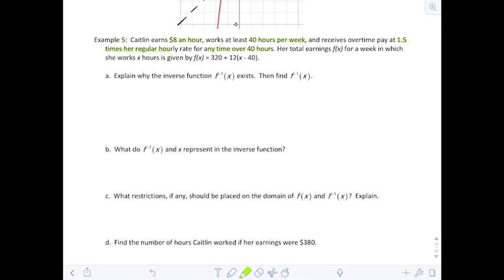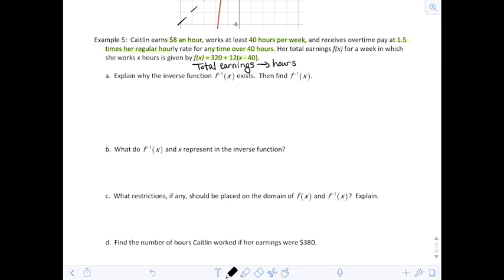So her total earnings, f of x, for a week in which she works x hours is given by this. So this right here represents total earnings based on hours.